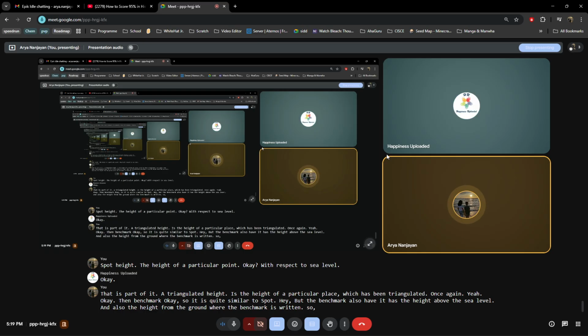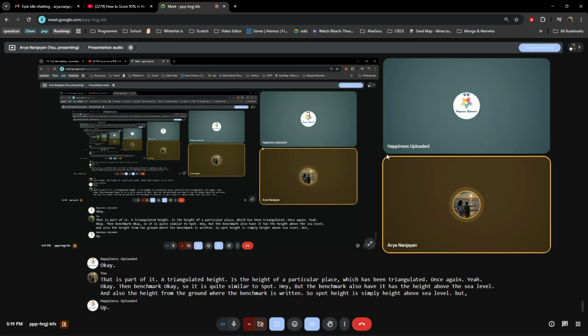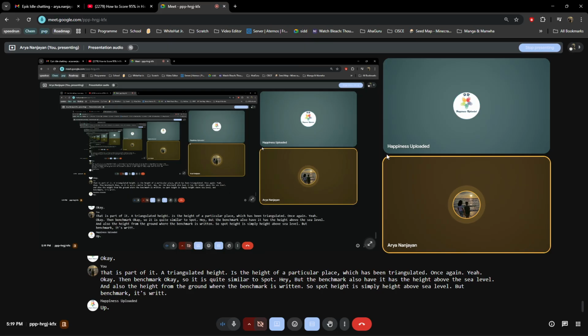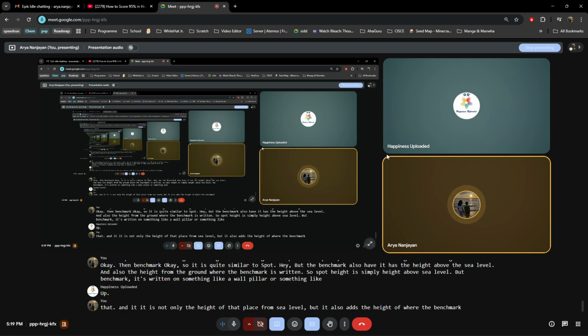So spot height is simply height above sea level, but a benchmark is written on something like a wall or pillar, and it adds the height of where the benchmark is written from the ground.